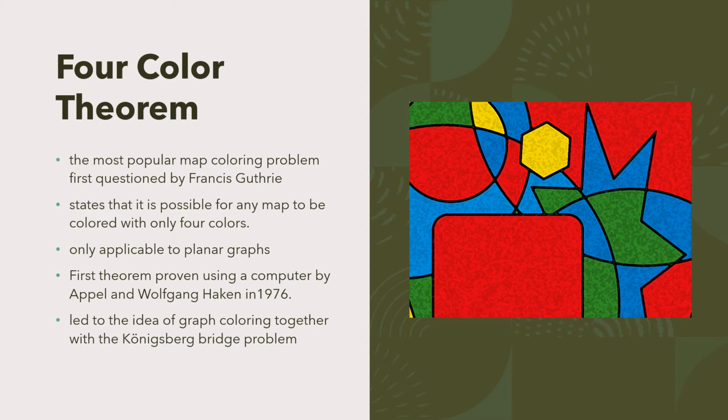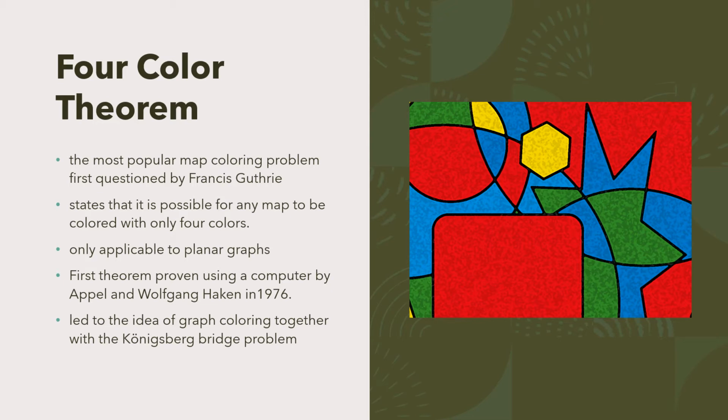However, this has proven to be applicable only to planar graphs, as planar graphs are formed when edges connect two adjacent vertices representing the regions of a map. Subsequently, it became the first ever theorem proven using a computer in 1976 by Appel and Wolfgang Haken.